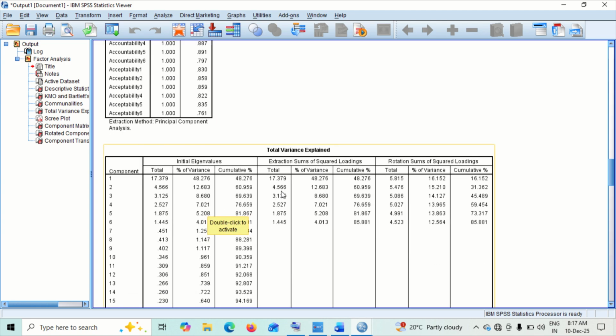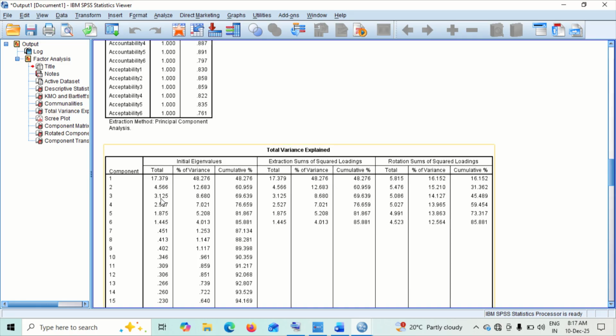Next, the very important table is total variance explained. Here we can see that there are 6 components derived for the analysis of adoption level. The first component has an eigenvalue of 17.379. Second component has 4.566.